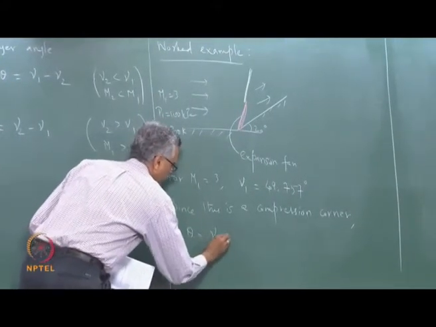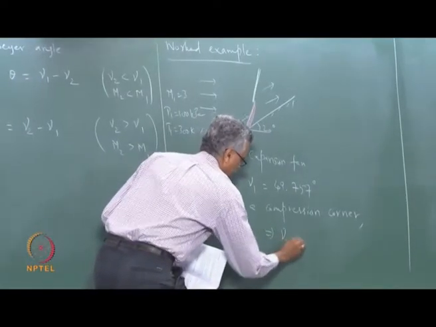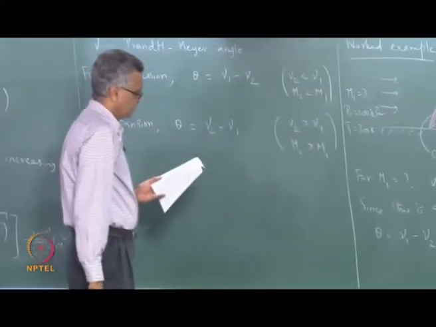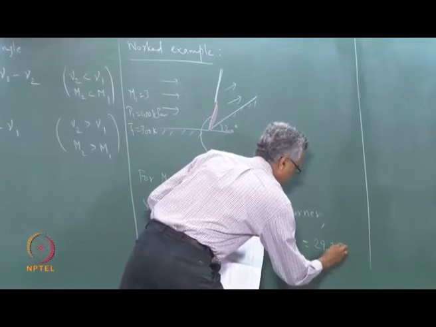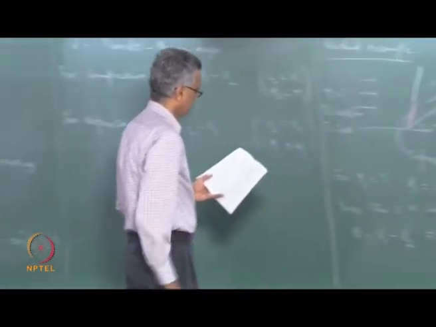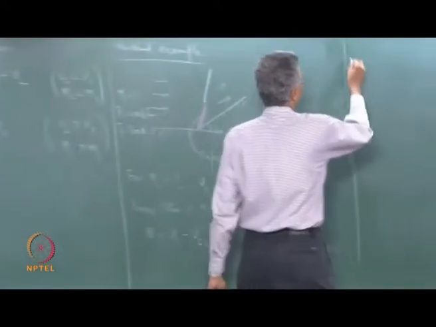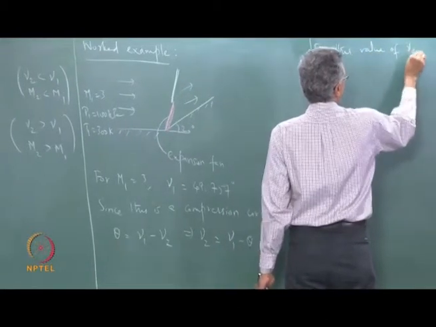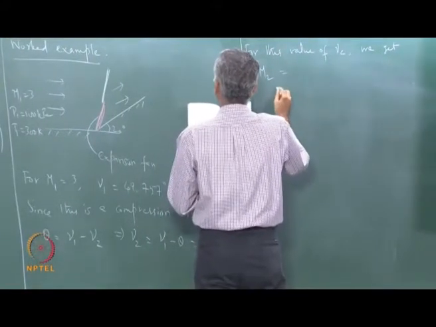Theta is equal to nu1 minus nu2, which means nu2 is equal to nu1 minus theta, and if you substitute the values we get nu2 to be 29.757 degrees. From the tables, for this value of nu2, we get M2 to be 2.125.